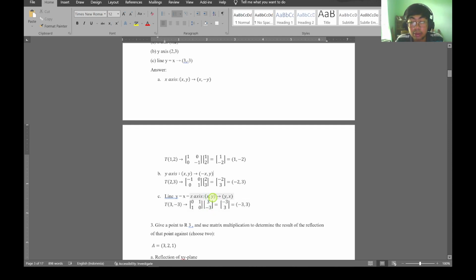But remember xy becomes yx, so we swap it to minus 3 and 3. So the answer is matrix minus 3 and 3 for the line y equal to x.